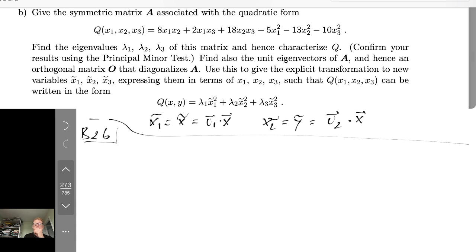So in B we have a quadratic form, but now one with 3 variables, and we do the same thing.